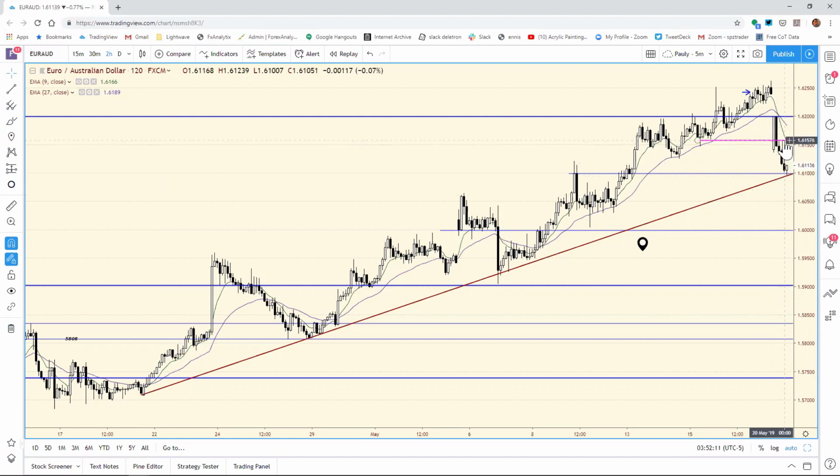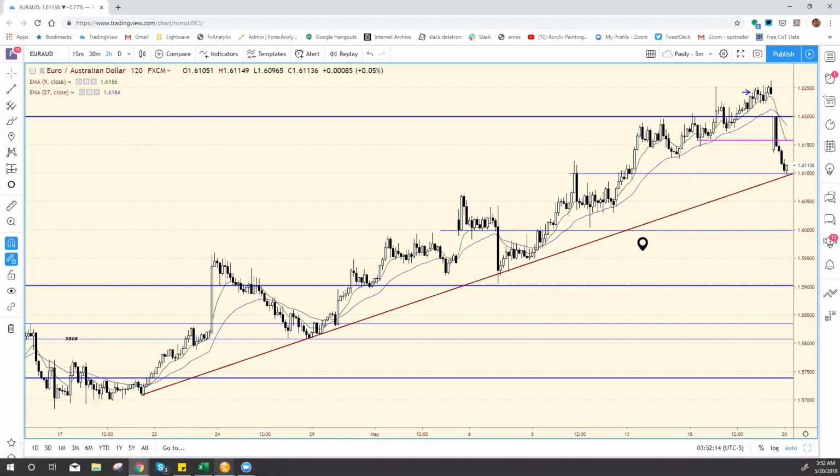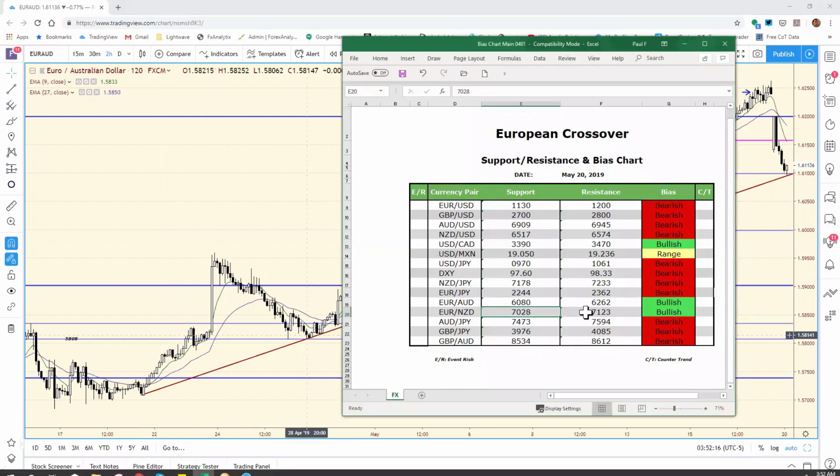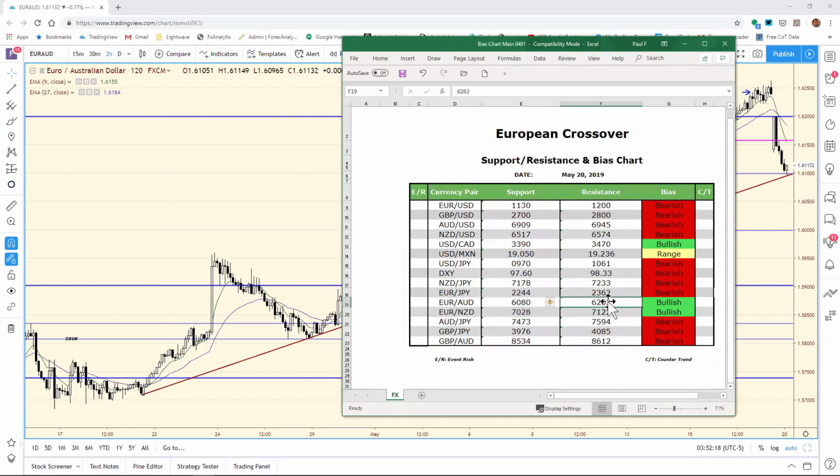Resistance is going to come in right there at 61.58. Obviously still bullish.